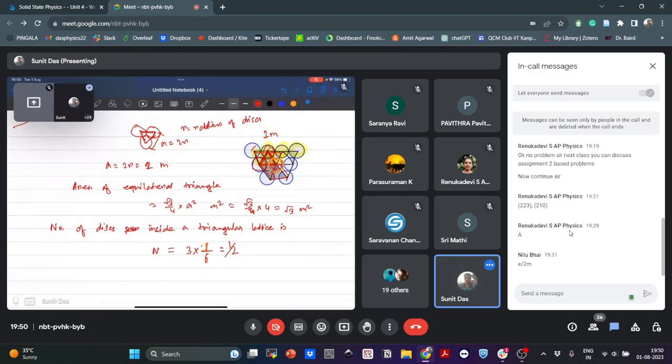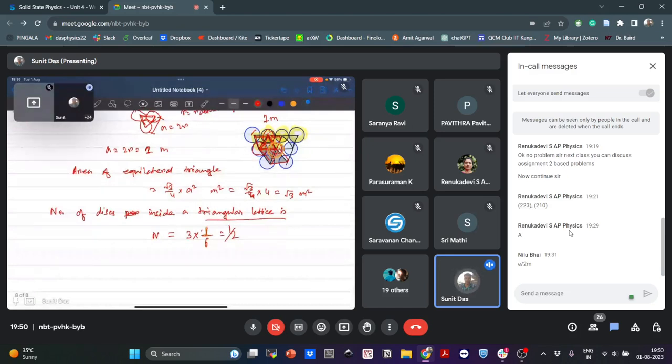Now this is the number of discs inside a triangular lattice, right? And we need to find the number of discs per unit area. So we need to divide it by this area.